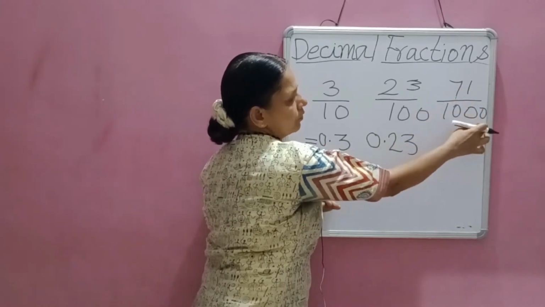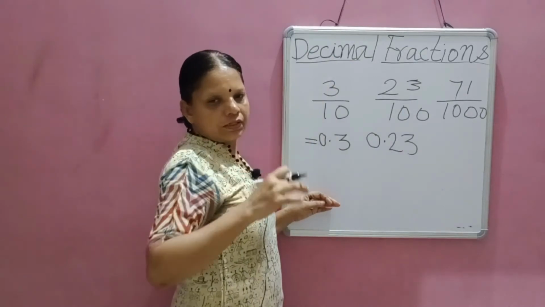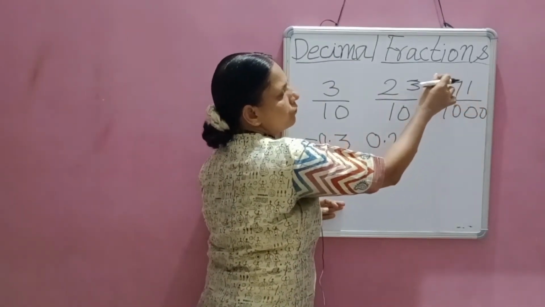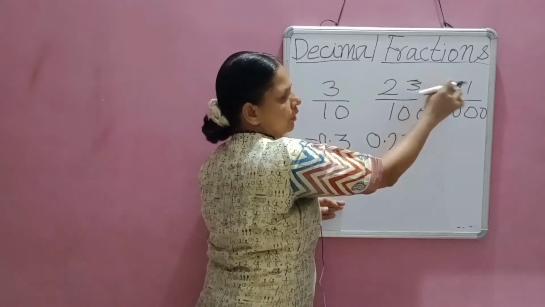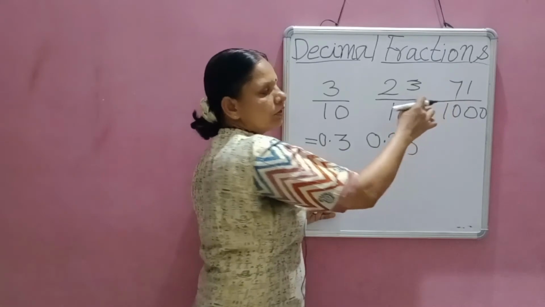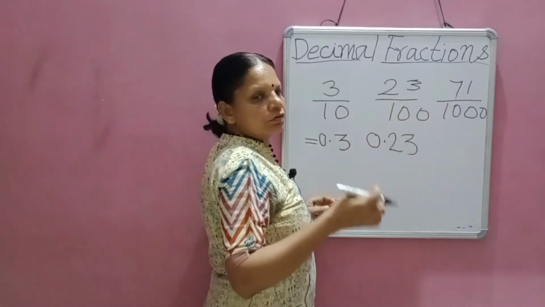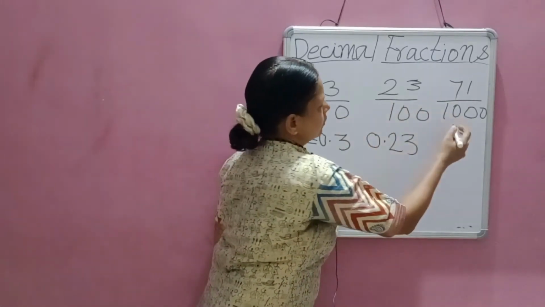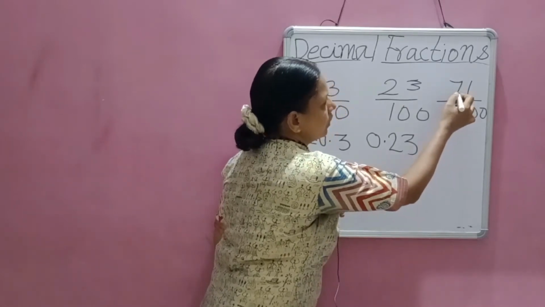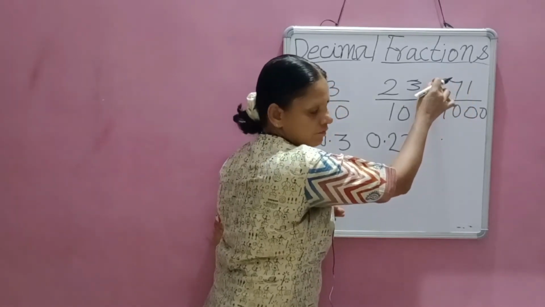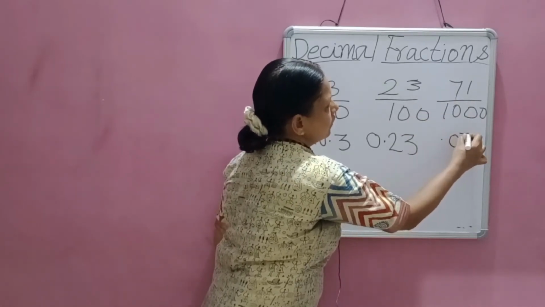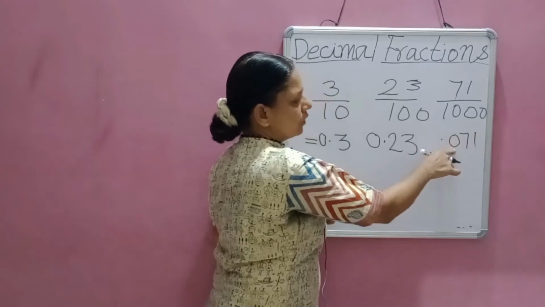Now 71/1000. If the number of zeros is 3, then put the decimal point before 3 digits. Here 3 digits are not there, so we can add a 0 for that. This is equal to point, where we have to place it before 7, 1.